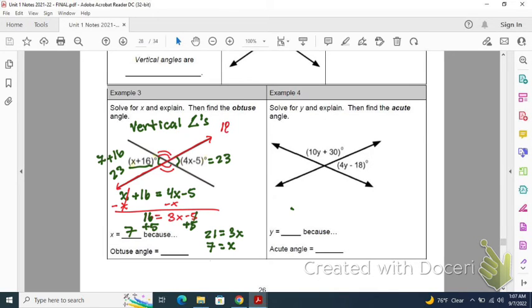So 180 minus 23 gives you 157. So my obtuse angle is 157 degrees.